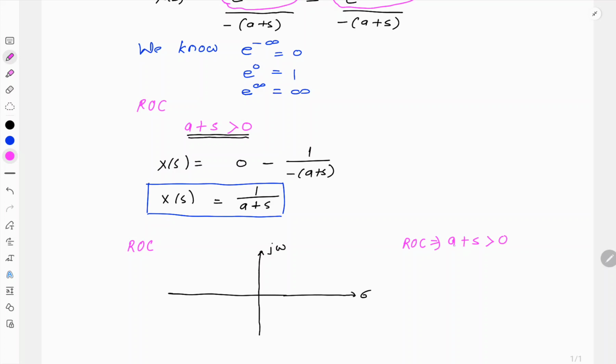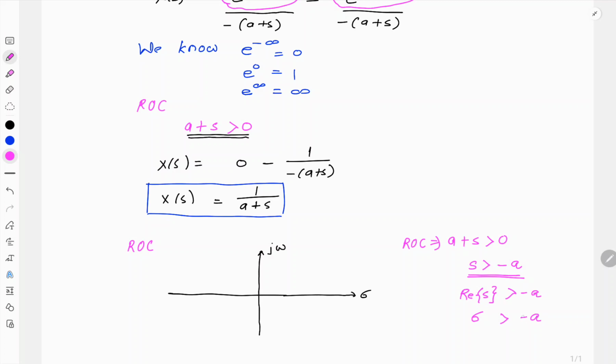So let us simplify it. Let us take a towards the right hand side. s is greater than minus a. So RoC can be defined as s greater than minus a, or real part of s is greater than minus a, or simply sigma greater than minus a. So this is the required RoC.